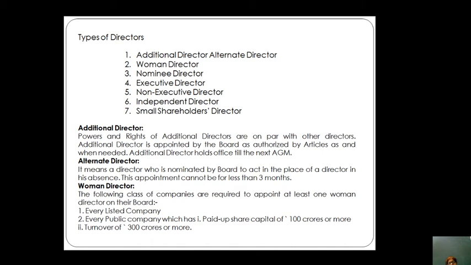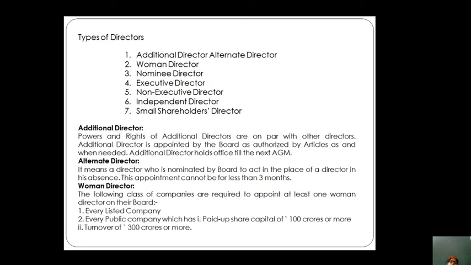Okay, so every listed company, and secondly every public company which has paid up share capital of 100 crores or more, and secondly a turnover of 300 crores or more.